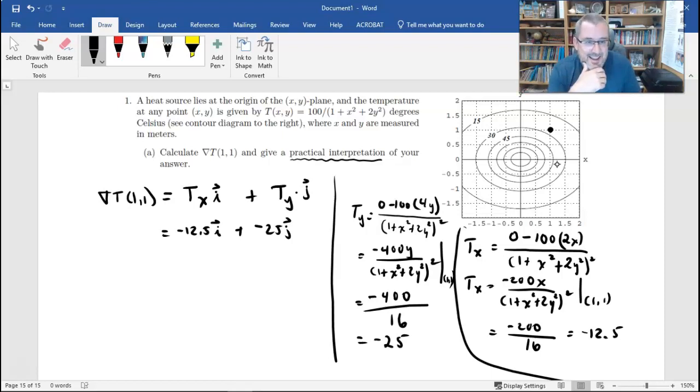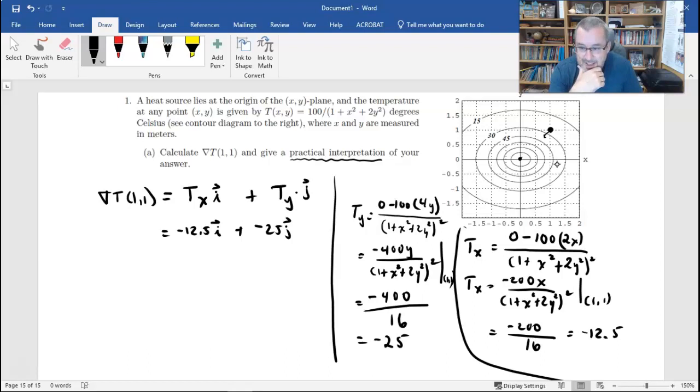So see if you can get a sense. 15, 30, 45, it looks like it's going by 15. So 15, 30, 45, 60, 75, 90. Looks kind of to me like the heat source is there. So we should probably head, metaphorically speaking, towards that heat source directly. Not meandering, but directly.